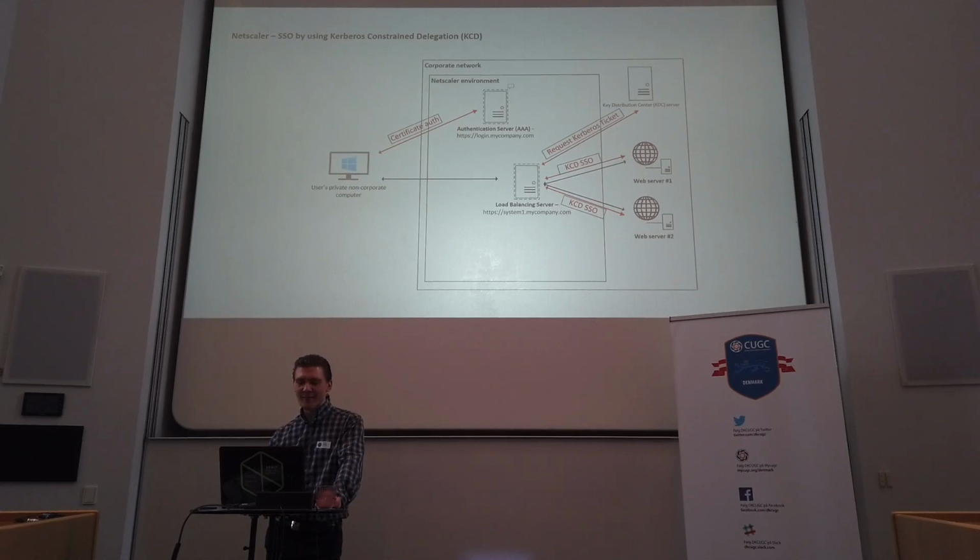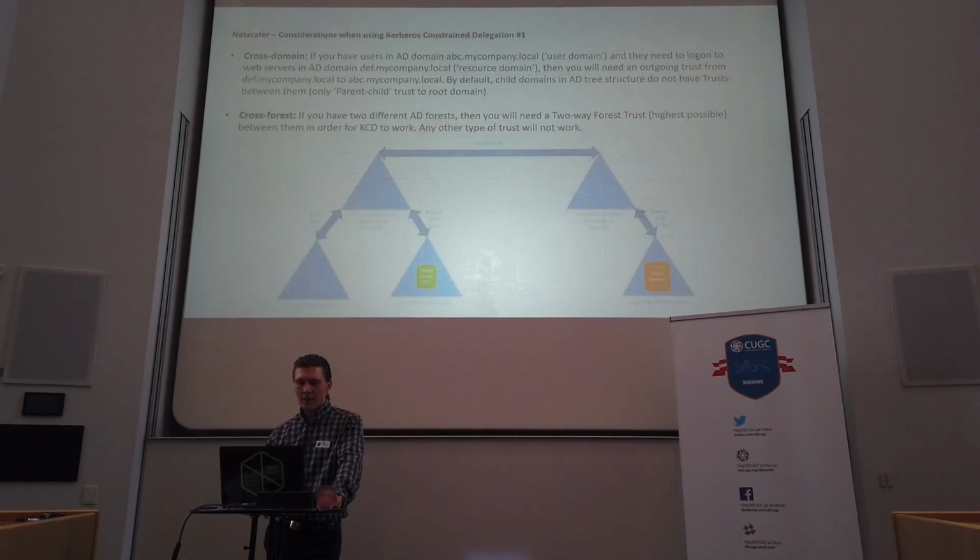Let's look at some considerations when using KCD, Kerberos Constrained Delegation. So one has to do with cross-domain or cross-forest scenarios. In the picture below here, you have two different forests. You have a forest trust between two of them.